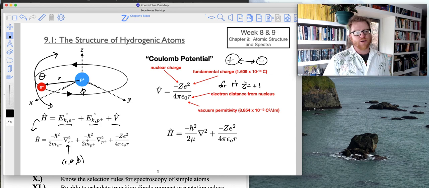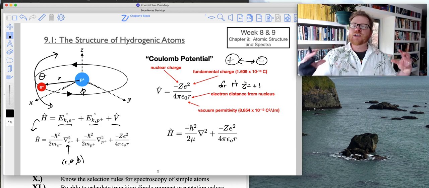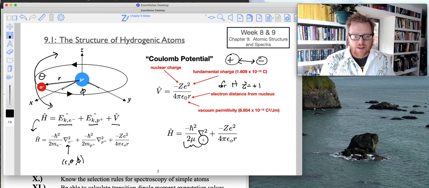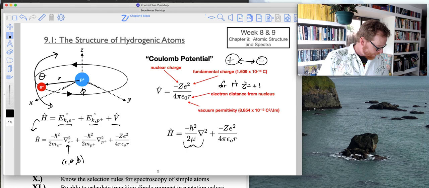Now, you notice here that we're talking about the coordinate system for the electron and the coordinate system for the proton. We can actually marry those two things into just one single kinetic energy operator.